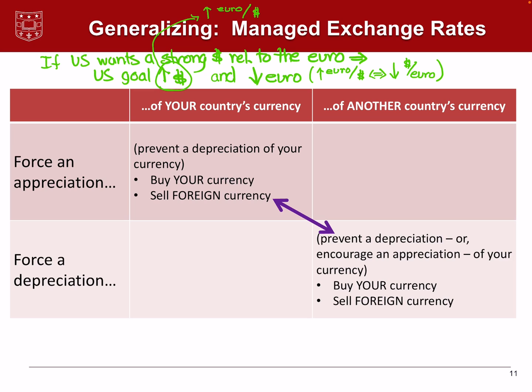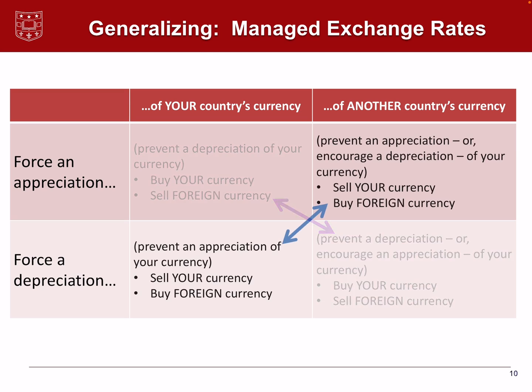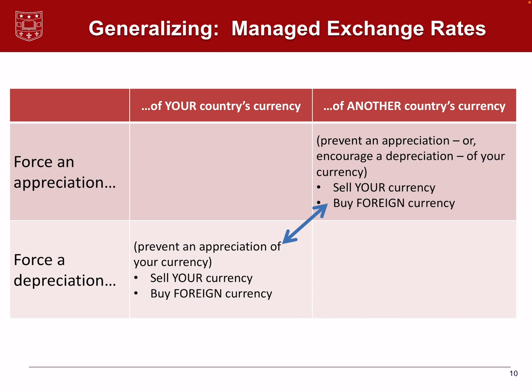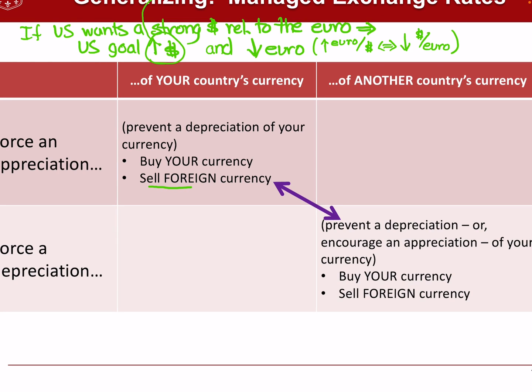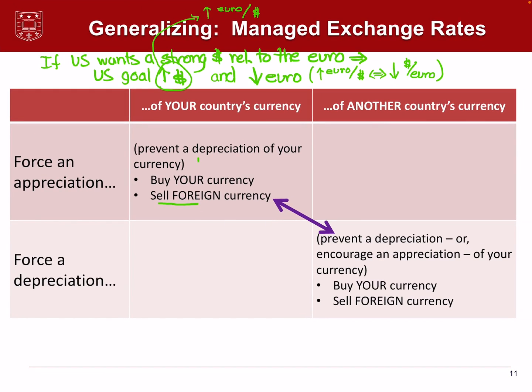So if the United States wanted to intervene in the foreign exchange market and drive the value of the dollar higher, it would do so by doing these two actions. It would buy its own currency. So the US buys dollars and sells euros.